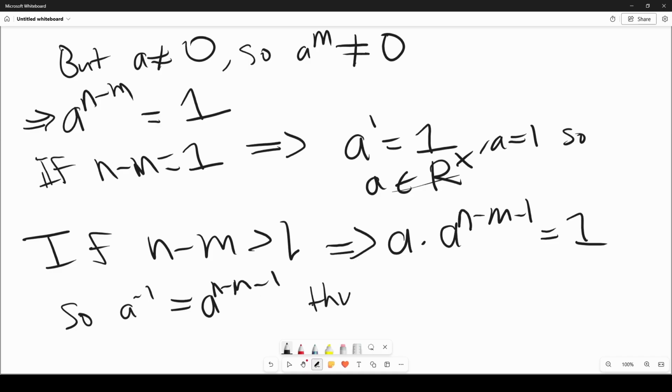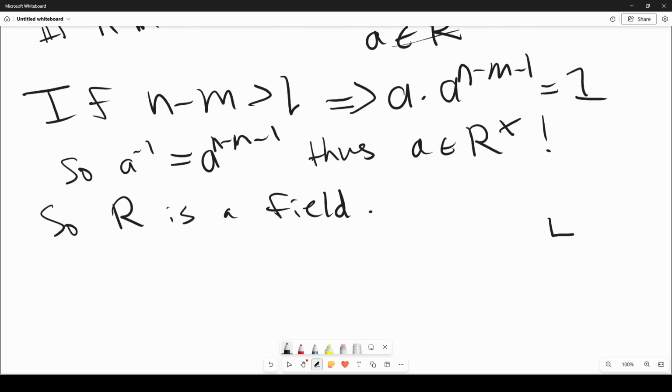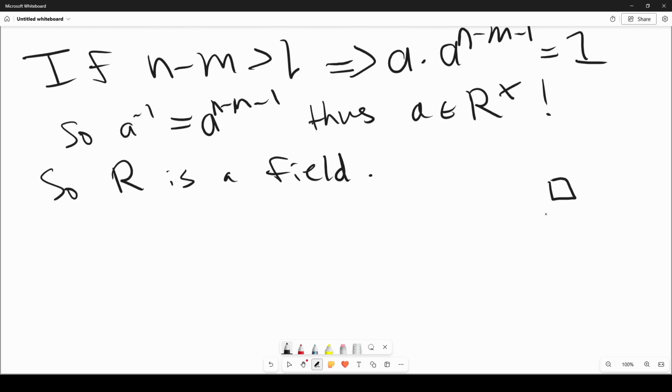Thus, a is a unit. Okay, so we get that every single non-zero element is a unit, so R is a field. Proof complete.